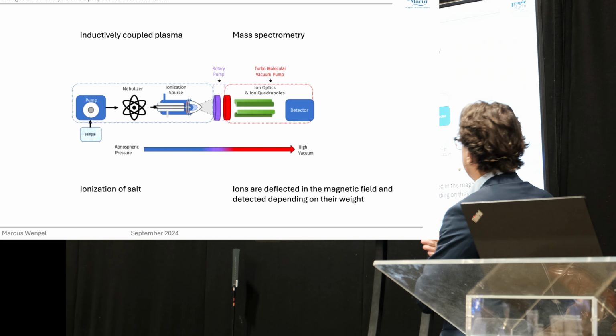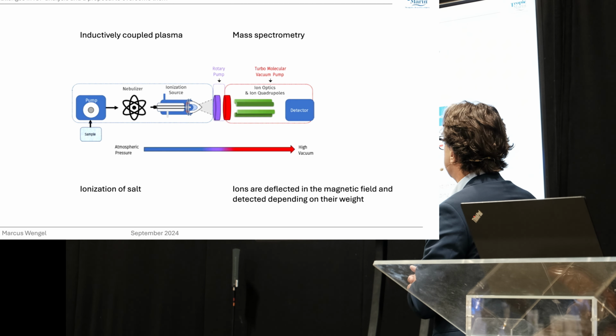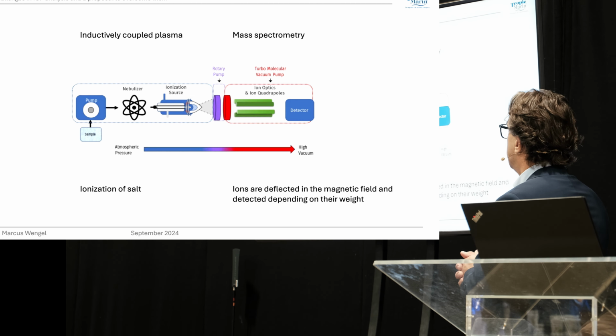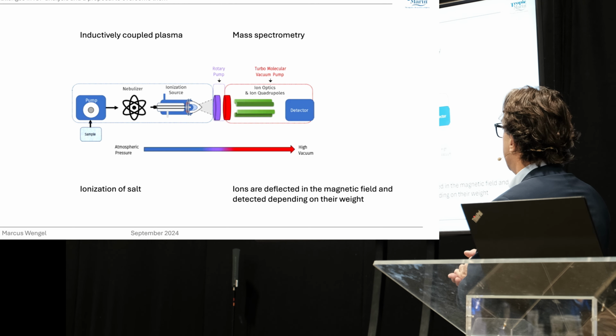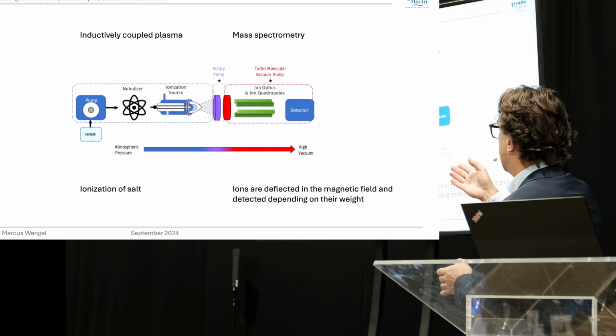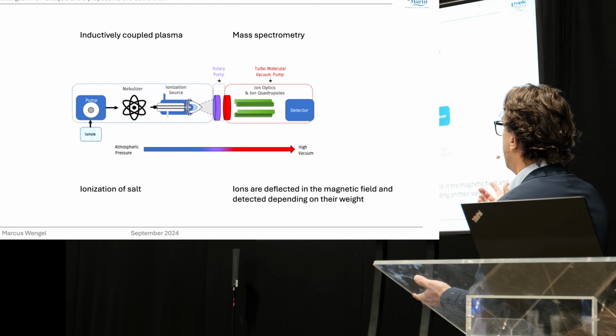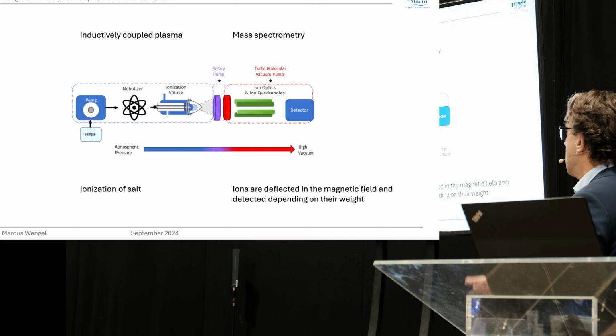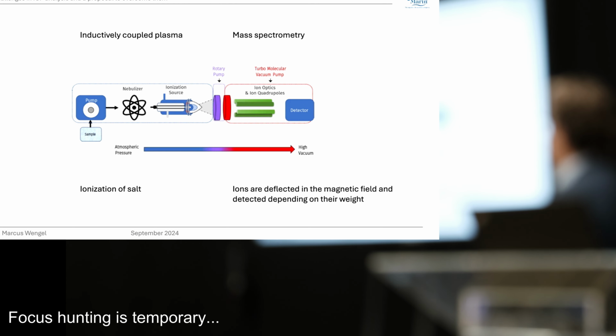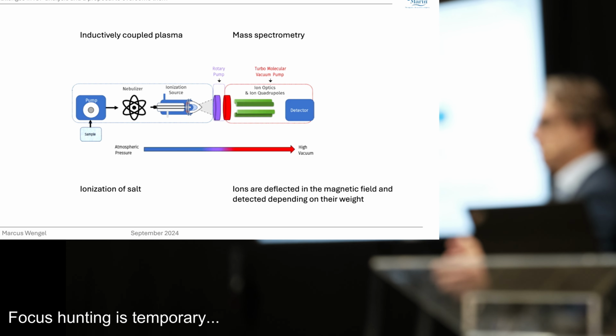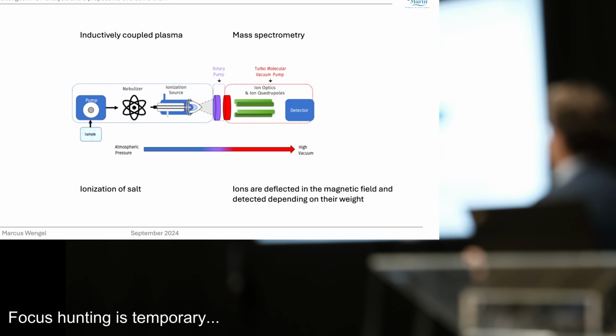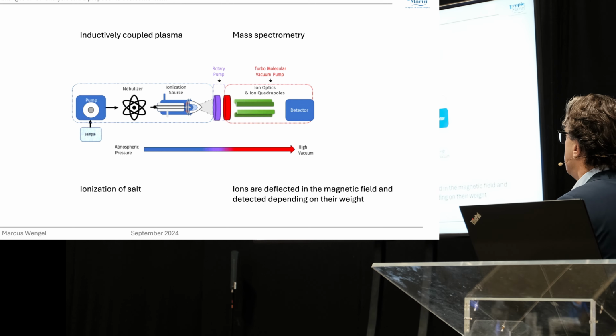It's quite simple. The ICP, which is the inductively coupled plasma: we've got a sample and a little pump where we can transport the water into a nebulizer, and the most important thing is we have an ionization source. So we have to turn our salt, our molecules, into ions, and then we have the MS, which is mass spectrometry.